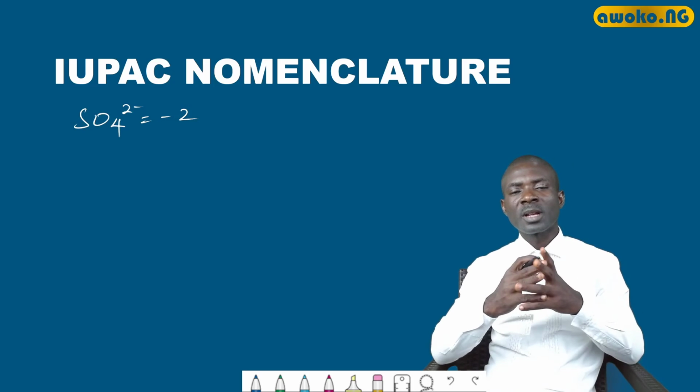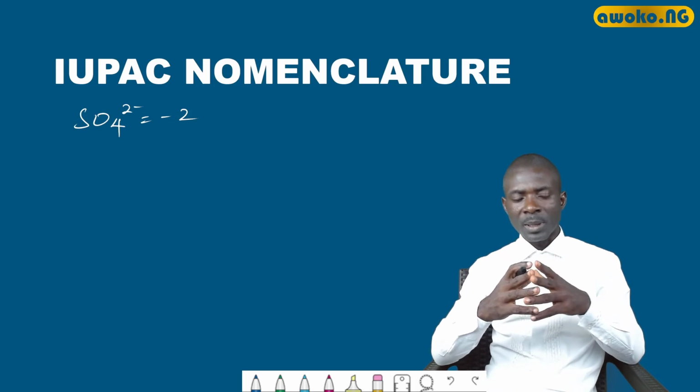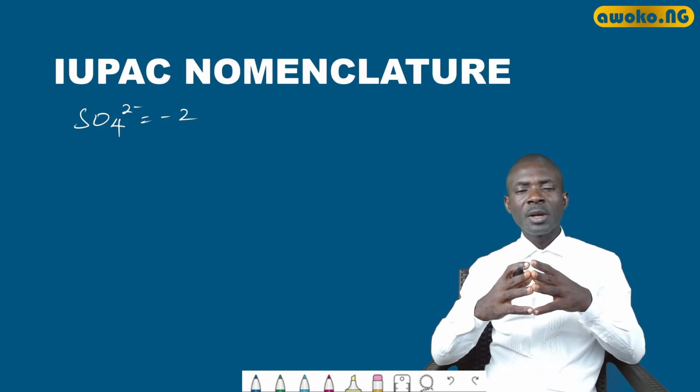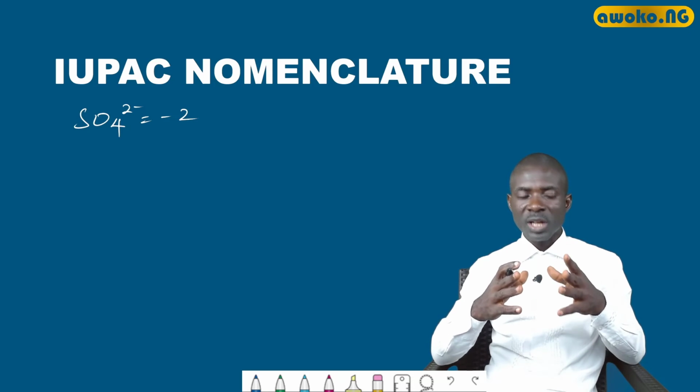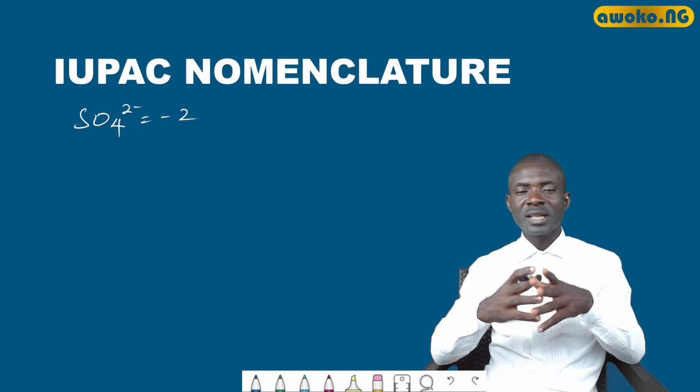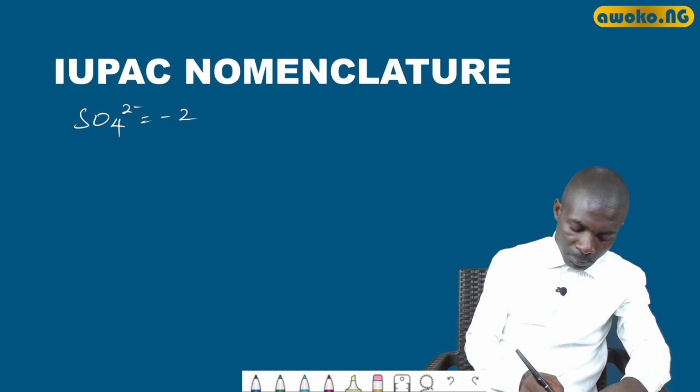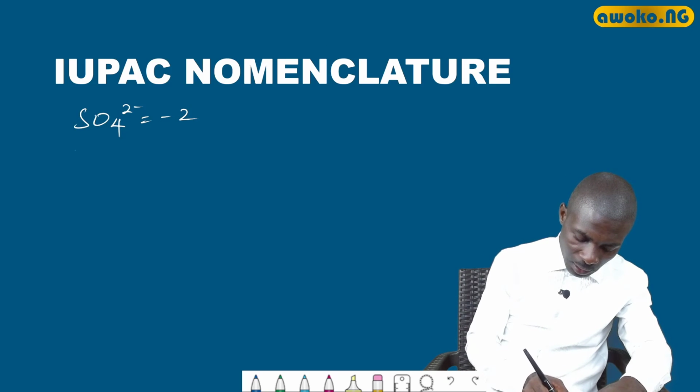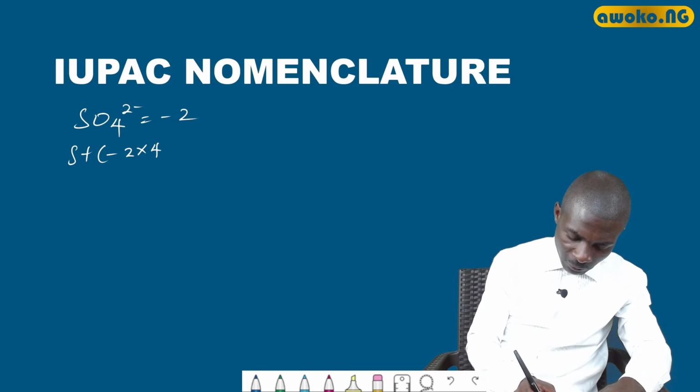Remember when we talked about the set of rules in naming compounds, we said the sum of oxidation states of the elements in an ion is equal to the charge. In this case, the charge on this ion is -2. So we make S the subject of the formula. We have S plus (-2) multiplied by 4 is equal to -2.